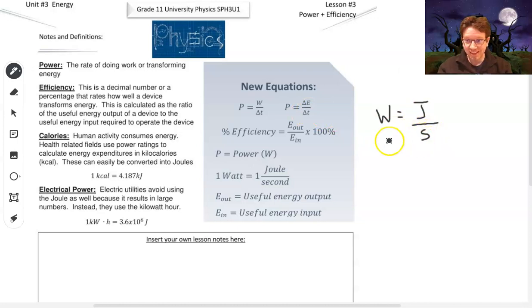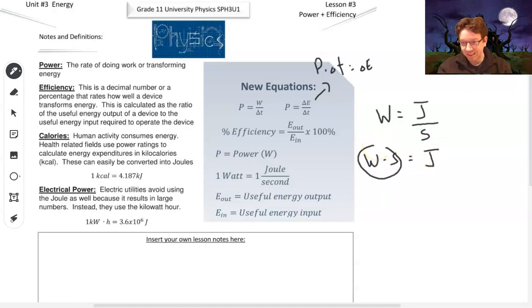If I rearrange this equation by multiplying time to both sides, you get power times time equals our change in energy. Or, from the perspective of units, watts times seconds equals joules. So a watt second is a unit of energy.